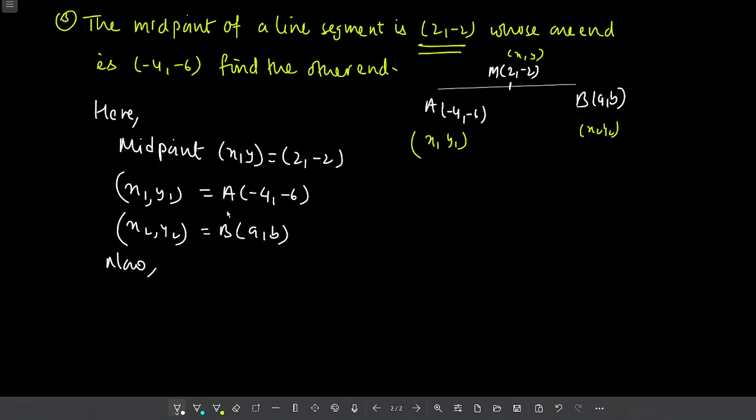Now we can use the midpoint formula for the x component: x equals (x1 plus x2) over 2. The value of x is 2, right? So 2 equals (x1 is -4, plus x2 is a) over 2.